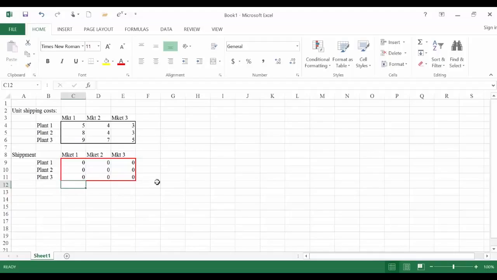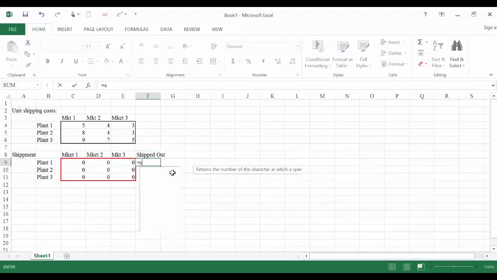There are two groups of constraints for this simple regular transportation model. The first group is the capacity constraints. For the total shipped out from each plant, we take the summation of each row here.